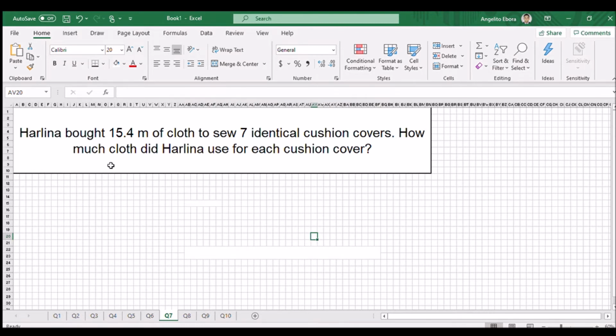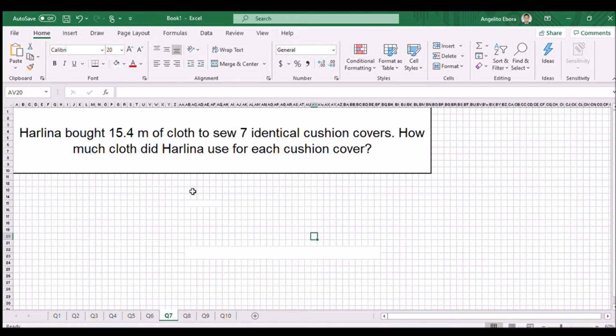Harlina bought 15.4 meters of cloth to sew 7 identical cushion covers. How much cloth did Harlina use for each cushion cover? We're looking for the word each cushion cover. So 7 for this 15.4 meters.